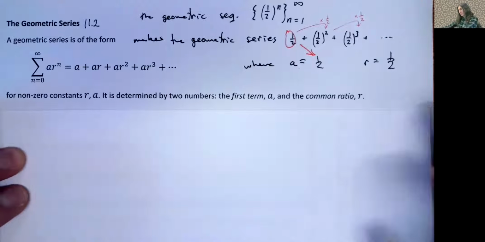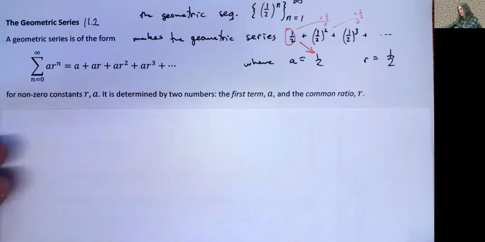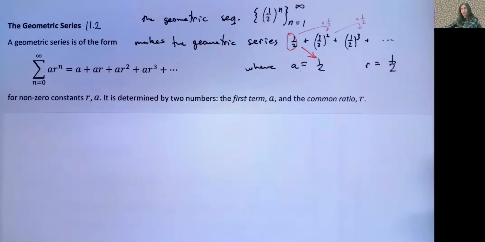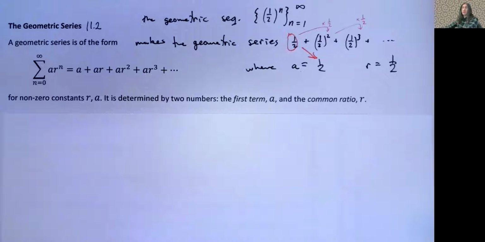Now, geometric series are important. They're going to also be the last type of series that we can sum by finding a formula for the partial sums. We'll be able to sum more series when we start talking about power series. And it also turns out that the geometric series will help us build some types of power series as well.